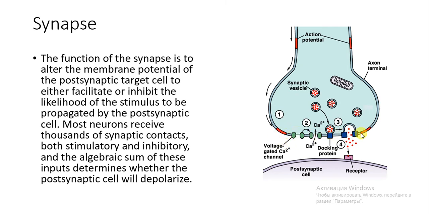On the synaptic membrane, at the end of the axon terminal, we have calcium channels. When the depolarization wave comes to these calcium channels, they open, and calcium, which is located extracellularly, enters inside.